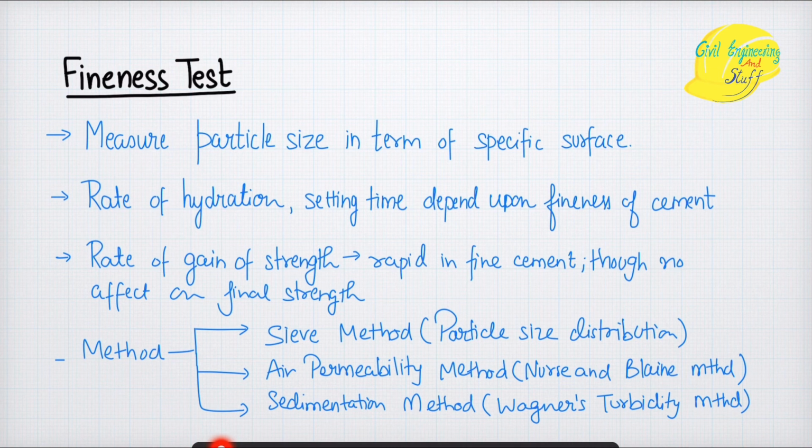The rate of gain of strength is very rapid in fine cement, though there is no effect on the final strength. So the finer the cement, the higher the rapid gain of strength, though the overall long term strength will remain the same.